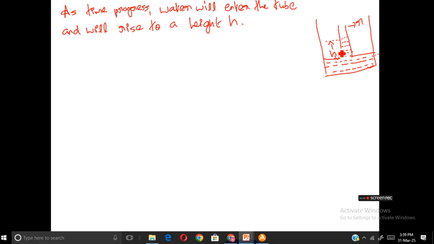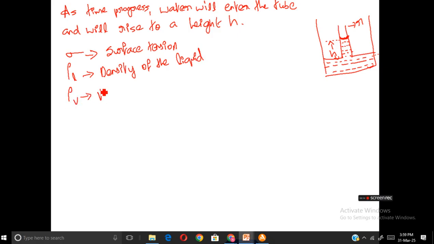This height is h. Now we know sigma, so the surface will be curved. Sigma is the surface tension. Rho L is the density of the liquid.